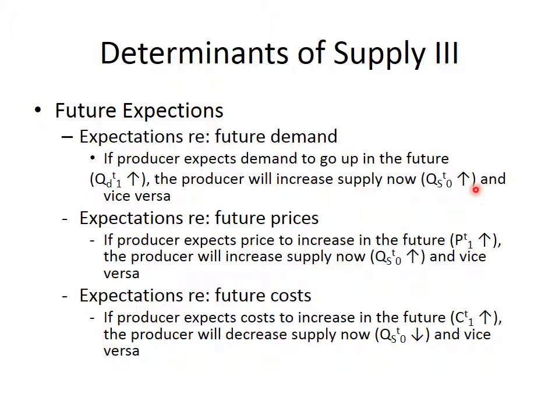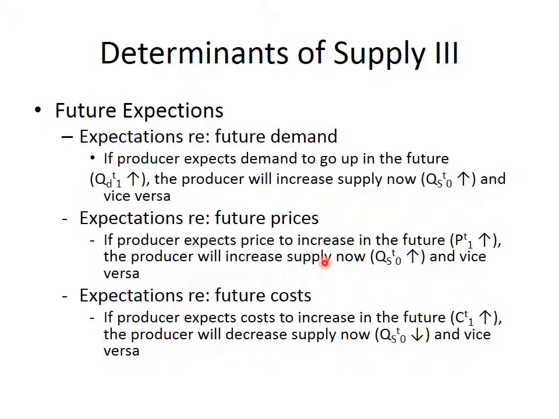Now, what's going to happen is, as a result of the fact that they increase production at time t0, that's going to shift the supply curve outward, which will drop the price. And when it drops the price, demand will go up. So it becomes a self-fulfilling prophecy. Future prices. If we expect the price to increase in the future, okay, we'll increase supply now, and vice versa.